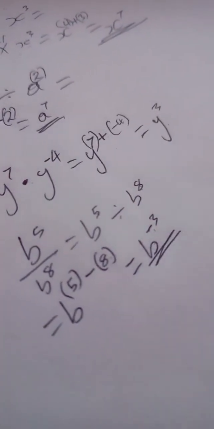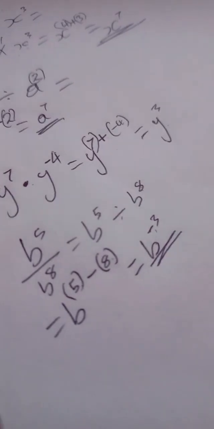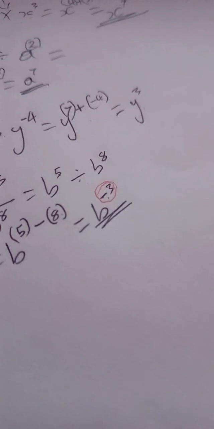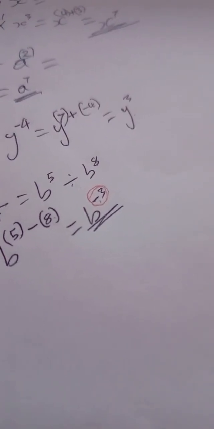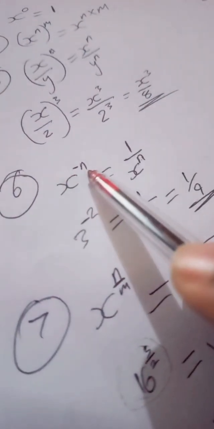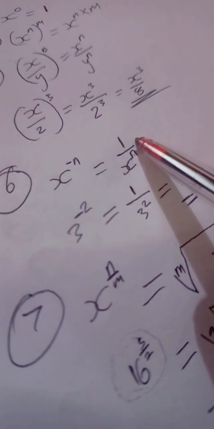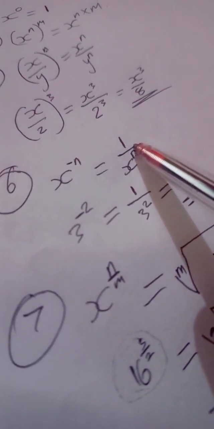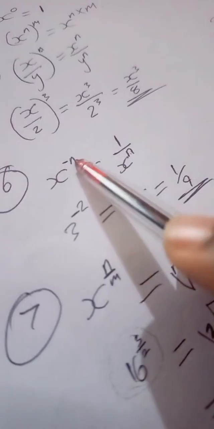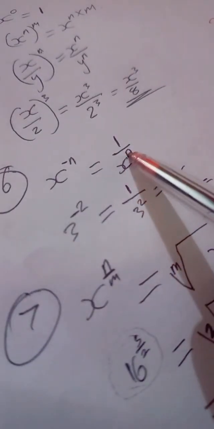The moment we get b to the power negative 3, remember we once said we do not leave a negative exponent like this. The negative exponent must be positive. So our law is law number 6. When you are changing a negative exponent, it changes to a fraction: 1 over the base and its exponent, where the exponent is now positive.